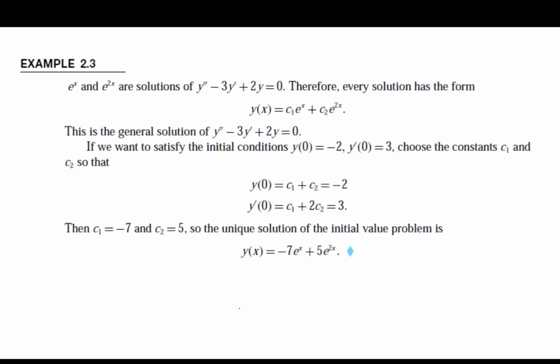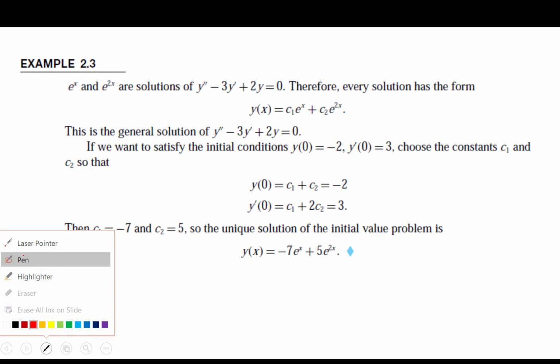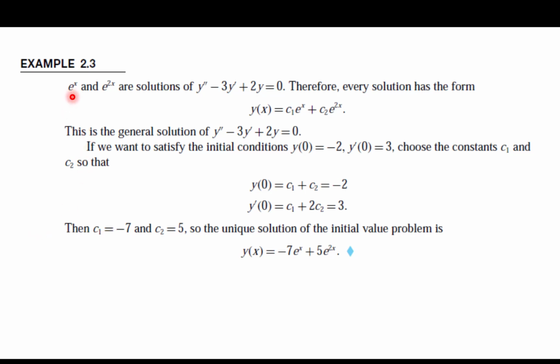Let's have an example so that we can understand it clearly. Let's assume that e to x and e to 2x are solutions of this equation, which is y double prime minus 3y prime plus 2y equal to 0. Therefore, we have obtained the fundamental set of solutions.